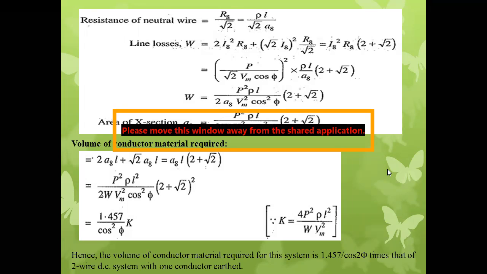By doing what we can get the volume of conducting material required in the form of K.